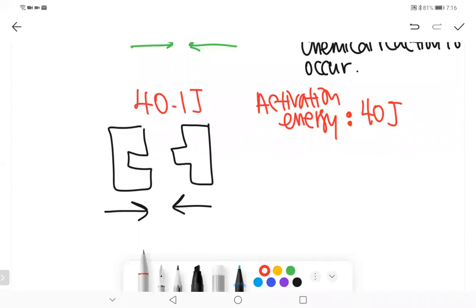The answer is yes. Because now the arrangement is correct already, and the energy is also no problem. Do remember, to react, the arrangement must be correct and the energy must be equal or higher. So even if you get exactly 40, it's not more than 40, still okay. It is not necessary to be more than 40. Even equal to 40 is okay.